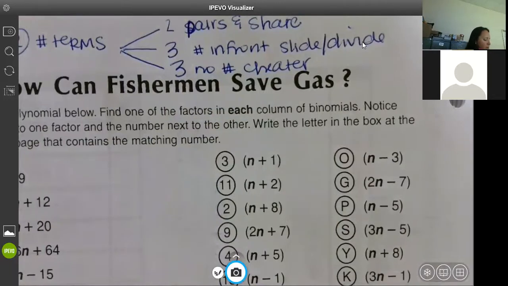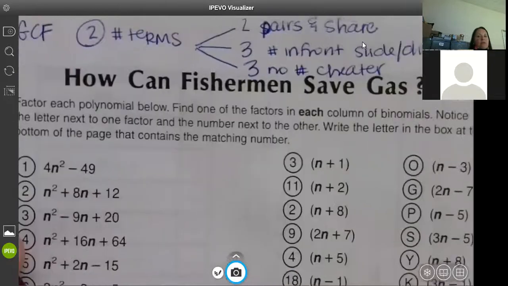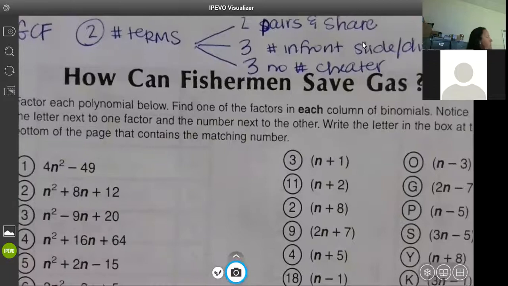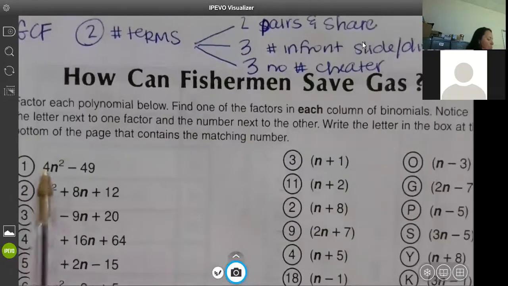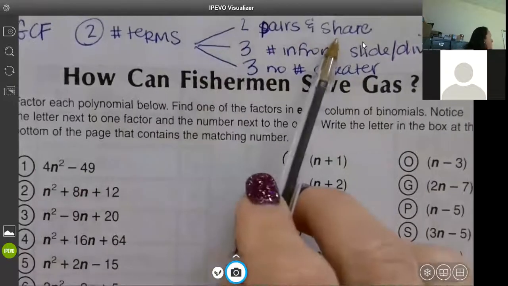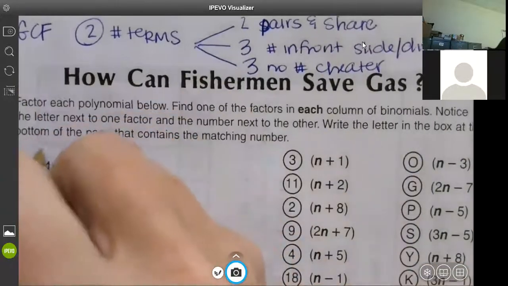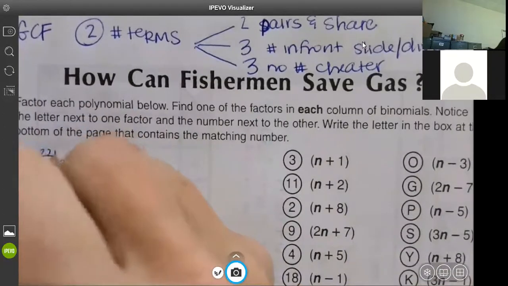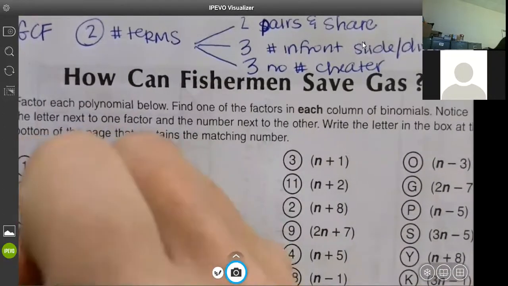So we're going to do a couple examples of each of them, and then I'll leave you alone to do your own work. All right. If we look at the very first one, how many terms does it have? Two. It has 1, 2 terms. So 2 terms mean we try to pair and share. So 4n squared breaks into 2, 2n.